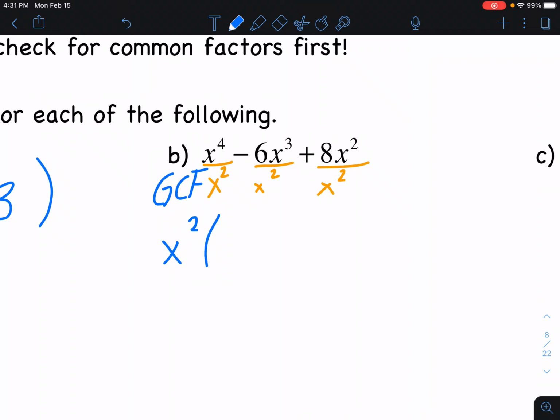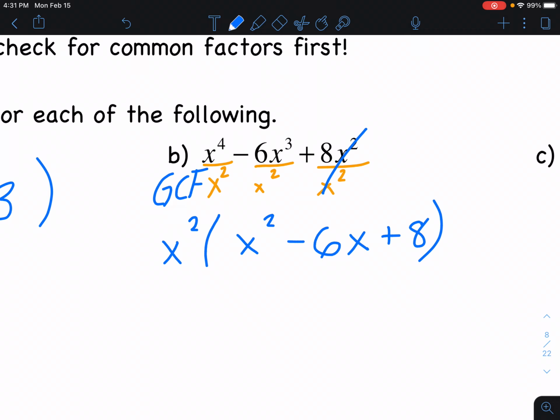You're actually supposed to be subtracting the exponents. So x to the fourth divided by x to the second is x to the second, and then minus, the 6 drops down. x to the third divided by x to the second is x to the first. And then in the third one, plus 8 carries down, and the x squareds cancel each other off. 2 minus 2 is 0, meaning there's no more x.